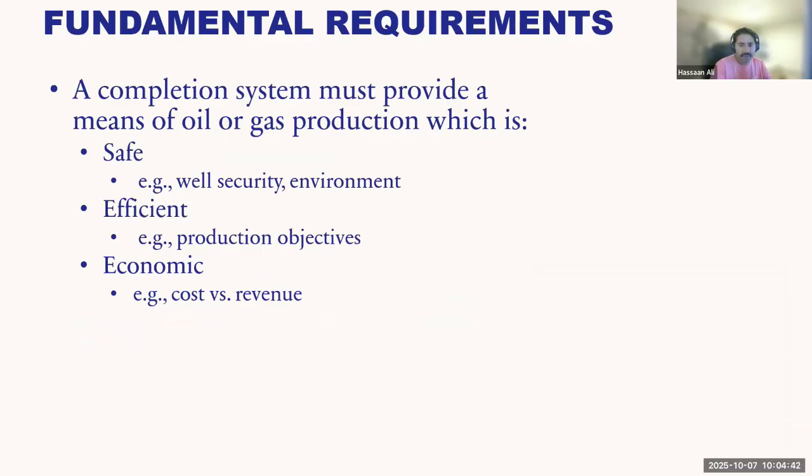Safe in terms of well security and environment, efficient in terms of meeting your production objectives, and economic because all that hardware and all the tubulars are quite costly. The cost should be less than the revenue that the oil and gas well is going to produce. So cost versus revenue needs to be balanced.